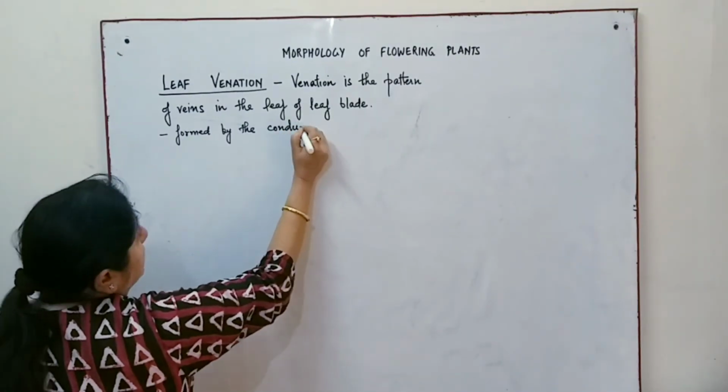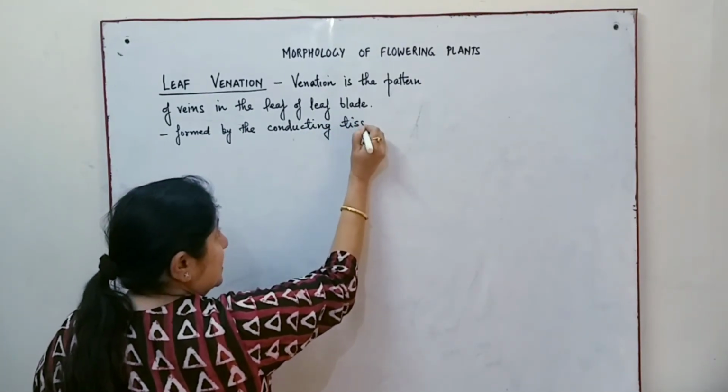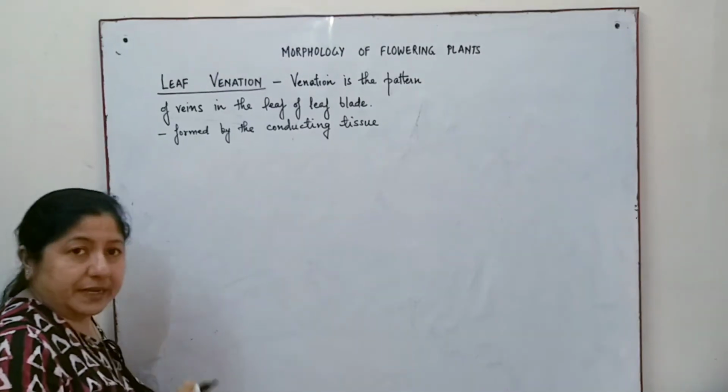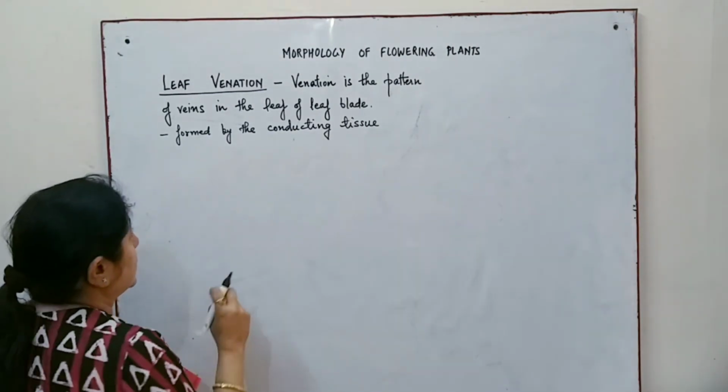The conducting tissues are the xylem and the phloem. So the conducting tissues within the leaf mainly form the venation or the veinlets.